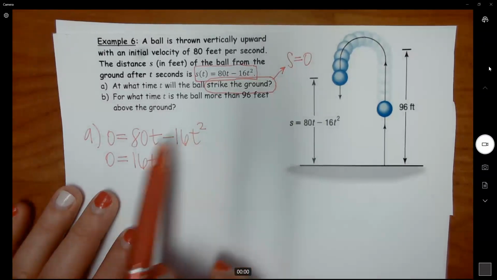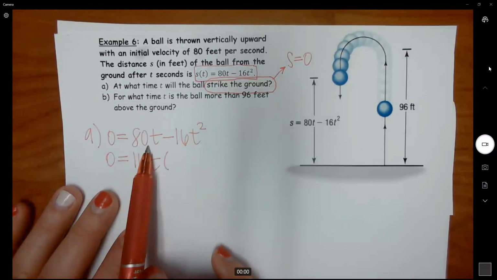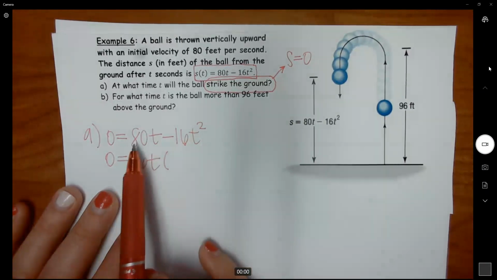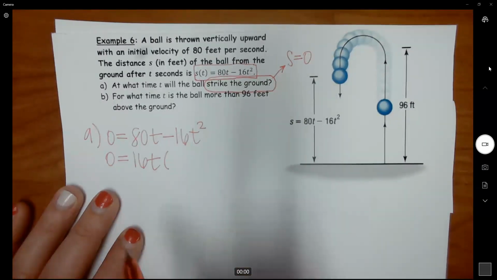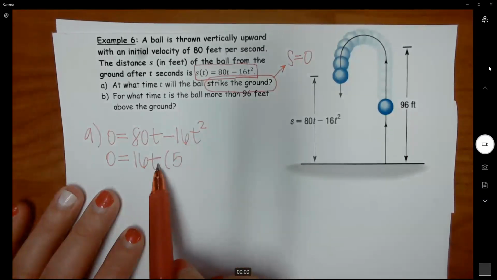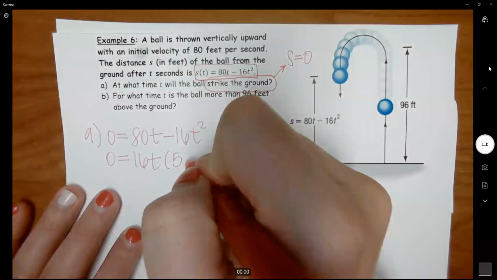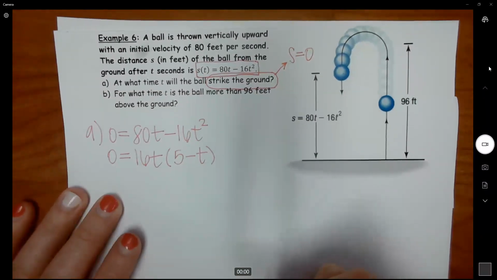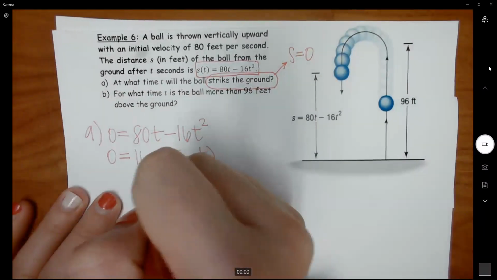Because it's in the back, I'm actually going to make sure that my front is the one that stays positive. So I'm just going to take out a 16t. 80t divided by 16t is 5. Negative 16t squared divided by 16t leaves me with a negative t. So we have factored this, so let's solve.